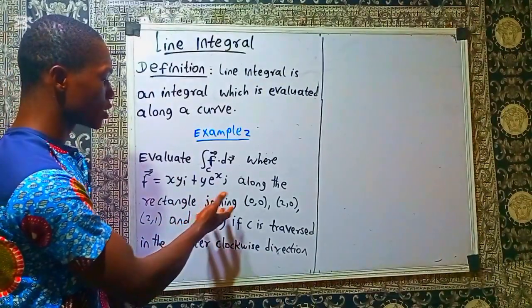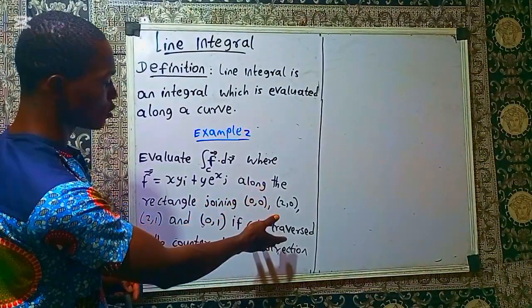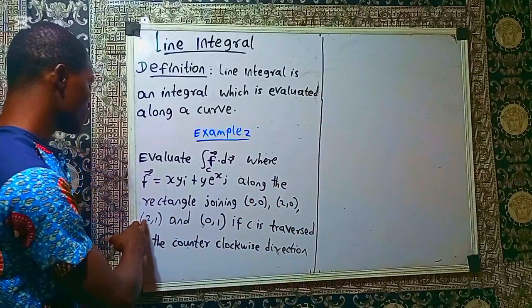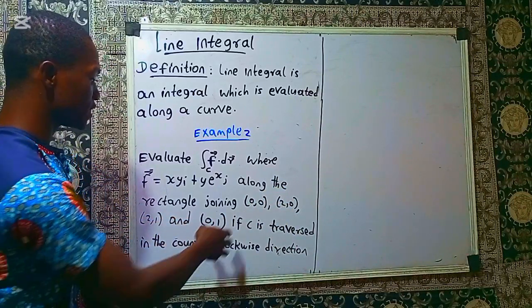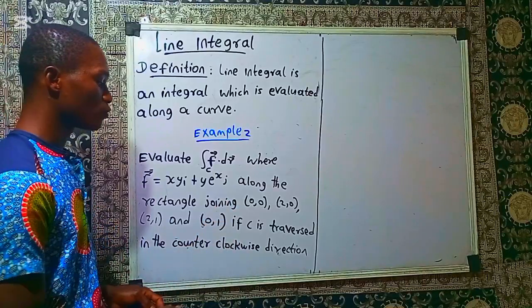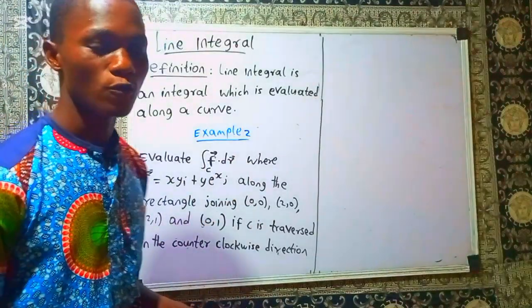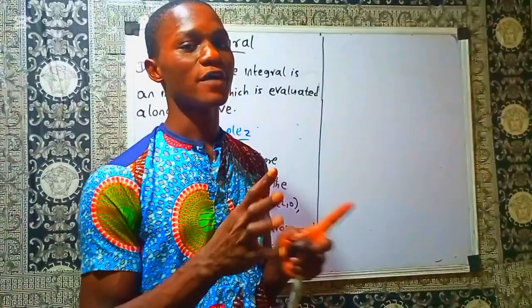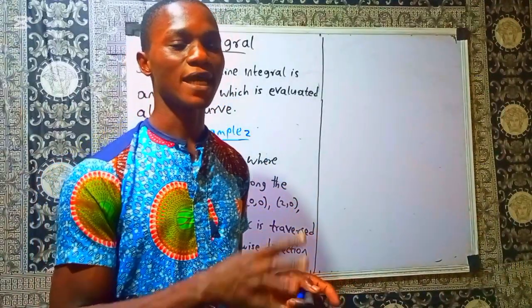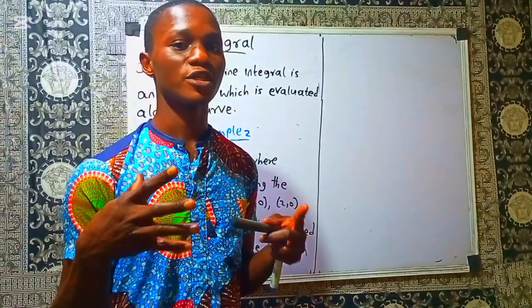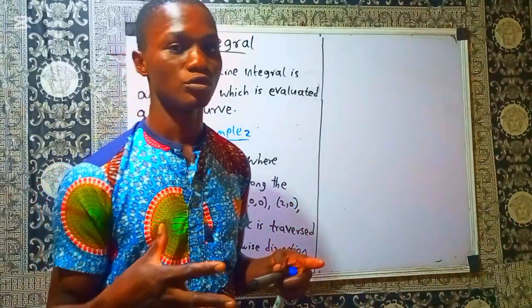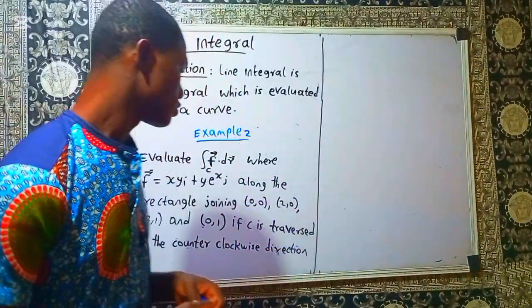It's a rectangle joining the points (0,0), (2,0), (2,1) and (0,1), if c is traversed in the counterclockwise direction, that's the anti-clockwise direction. So if you are to calculate a line integral, if the curve is a rectangle or a triangle, you try to sketch it.